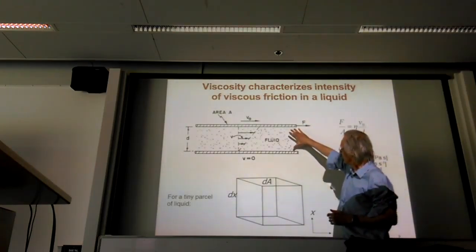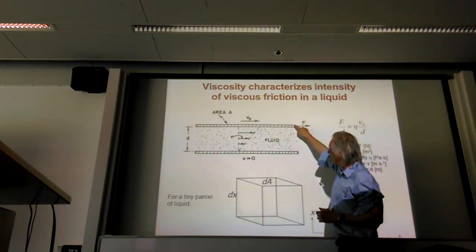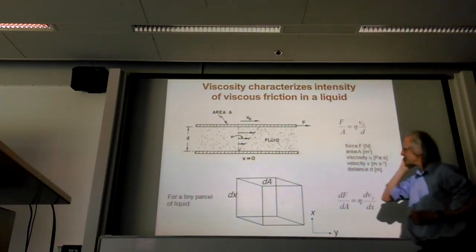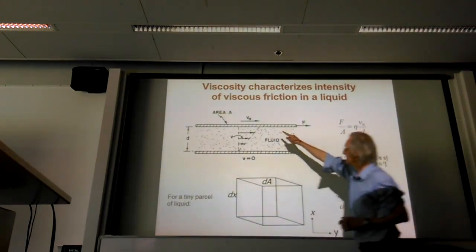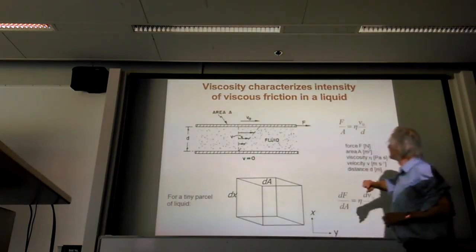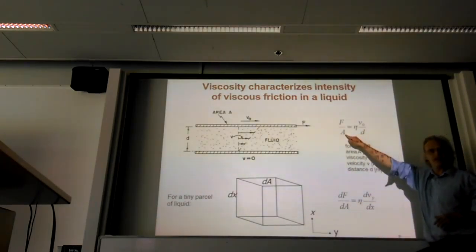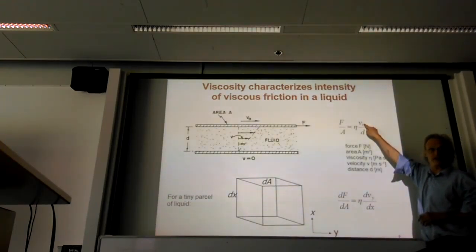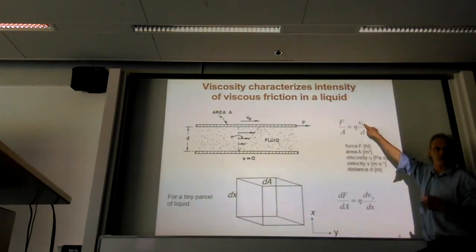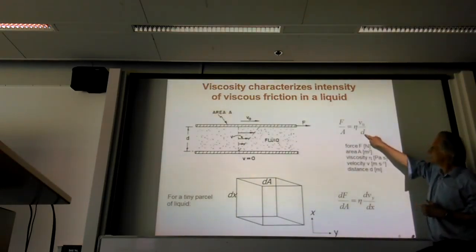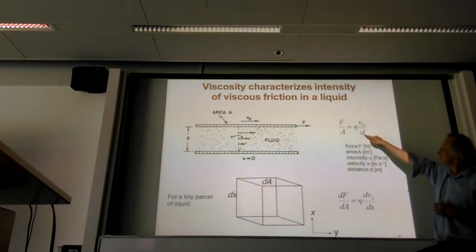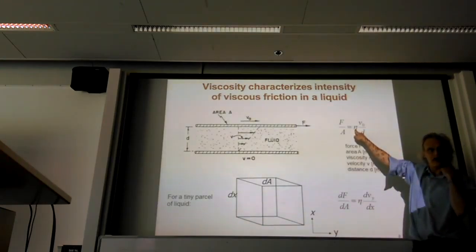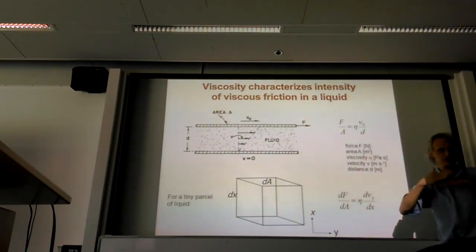They put a fluid in between, and they move the top plate with respect to the bottom plate with a certain velocity, V0. And they find that the force they need to exert per area is equal to the velocity difference between the two plates, which is V0, because the bottom one has a zero velocity, divided by the distance between the two plates, and multiplied by the viscosity of the liquid which is in between.